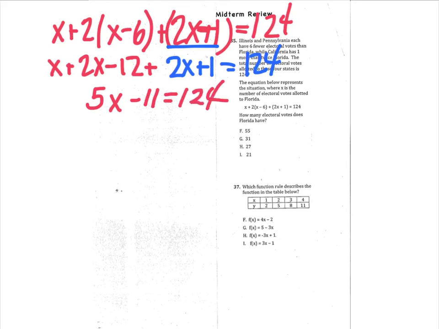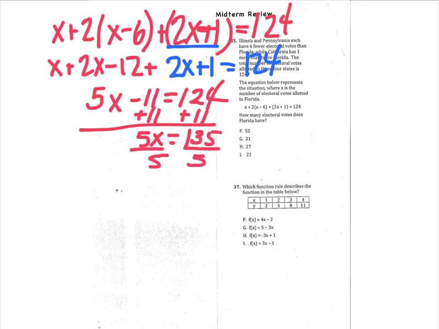And now add 11 to both sides, and I get 5x equals 124 plus 11. And I get 135. Divide both sides by 5, and I get x equals 27.